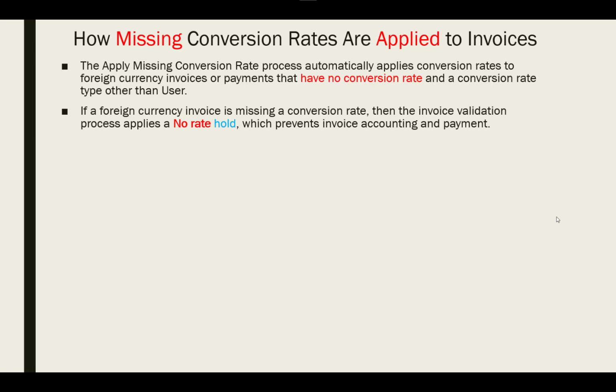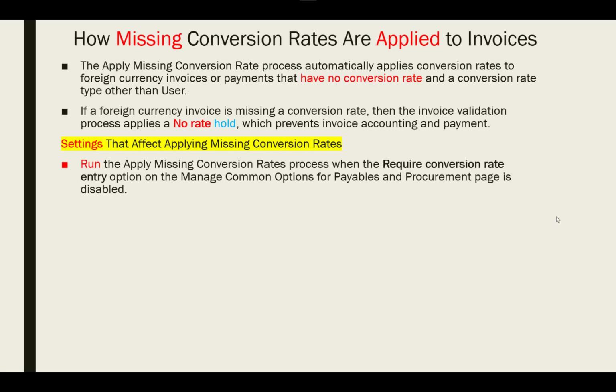Also, this invoice validation will apply a no rate hold reason until you define this missing conversion rate in GL and run this process to remove the no rate hold. After that you can validate, create, and so on.